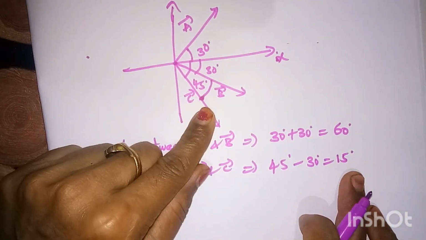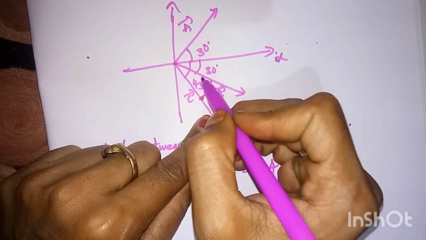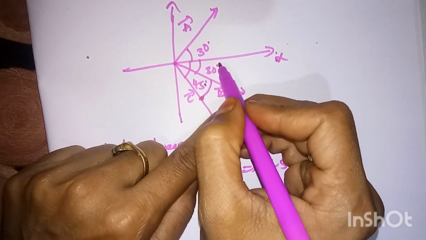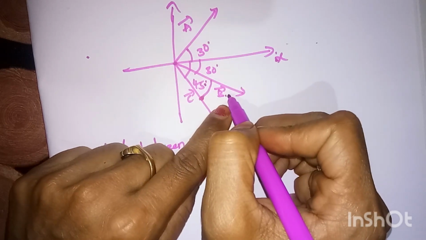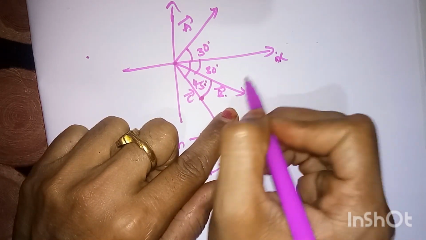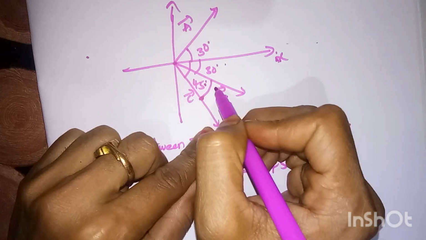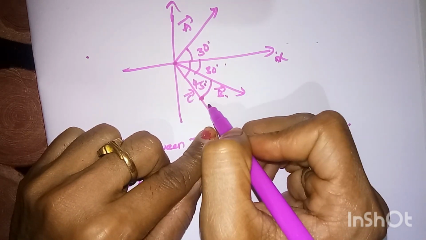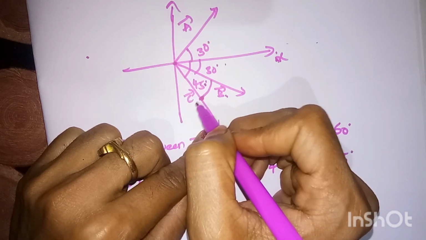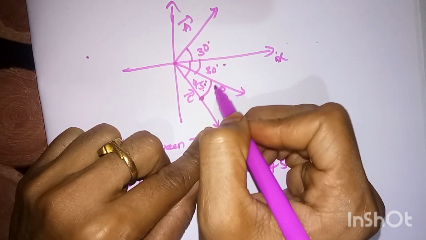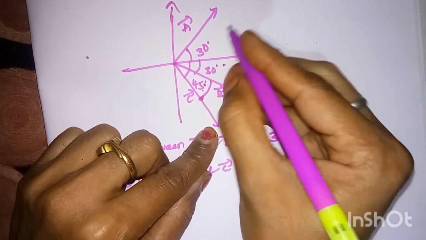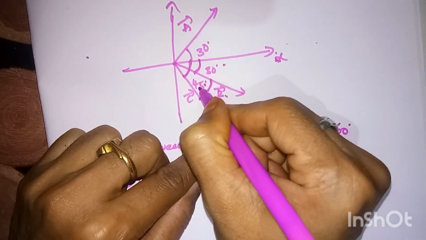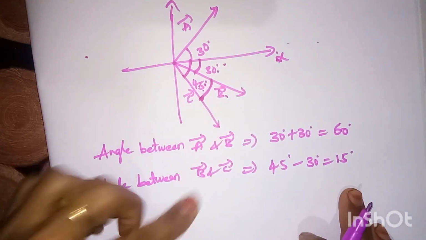Why am I subtracting? Because the c vector makes 45 and b bar makes 30 with the x-axis, and I want the angle between b bar and c bar. You know this one and this one, and to get the difference you subtract: 45 minus 30 gives 15.